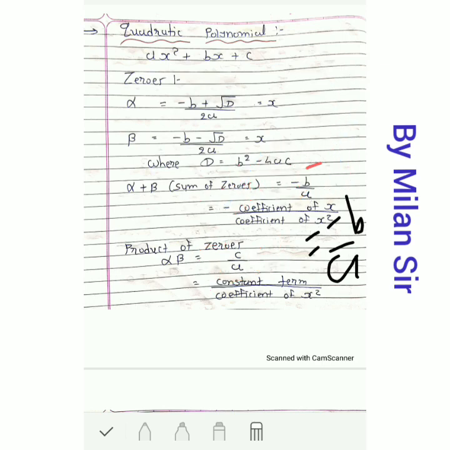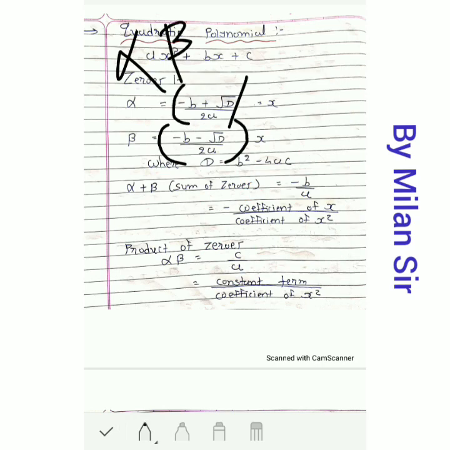Then alpha into beta. In alpha into beta, you need to multiply these two brackets. So first of all, I am writing the denominator, that is 2a multiplied by 2a, 4a square.